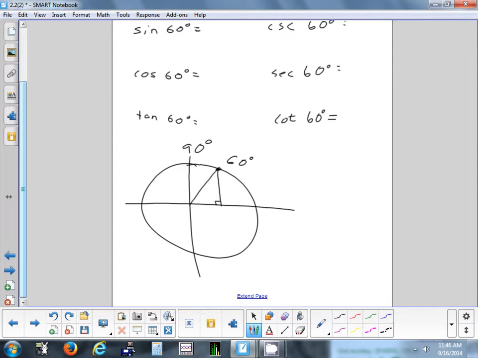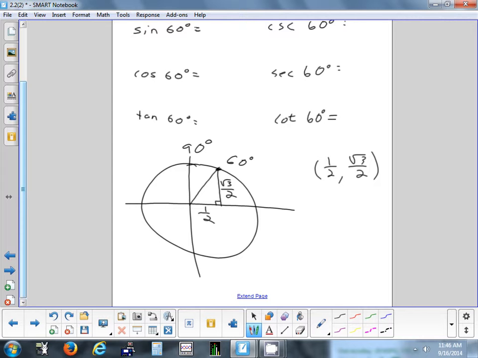Now I can see the shorter side. How long is the shorter side? That's always a half. And the longer side? The hypotenuse is 1, but the longer leg, I should say, is square root of 3 over 2. The base is always your x. The height is your y.